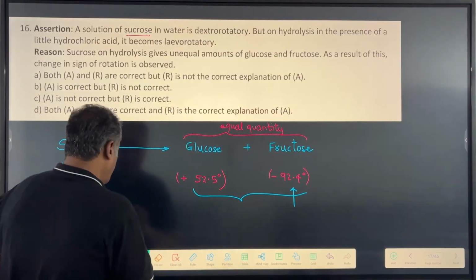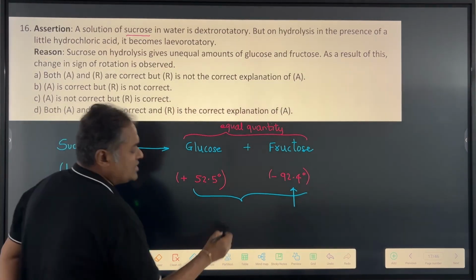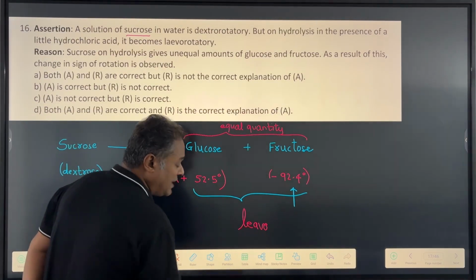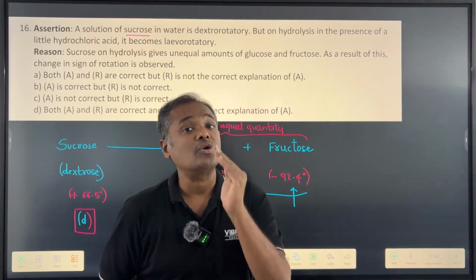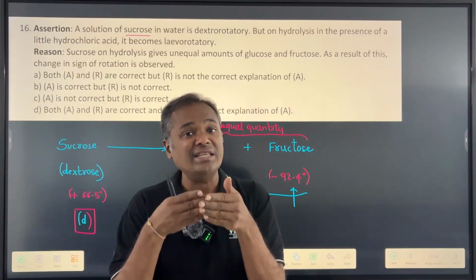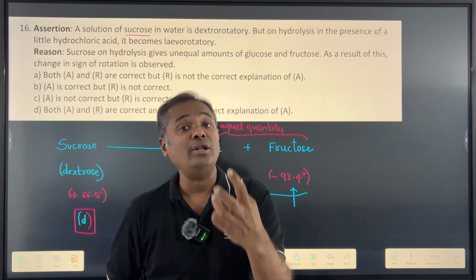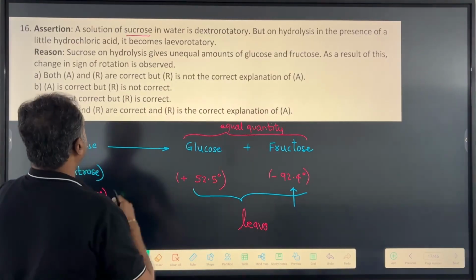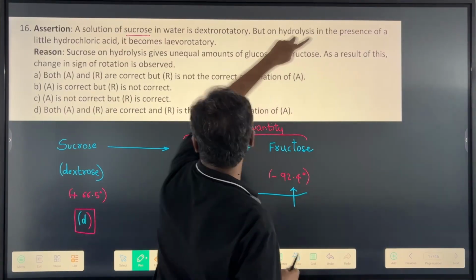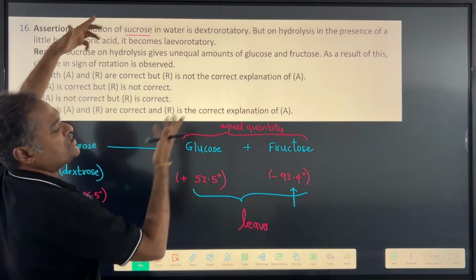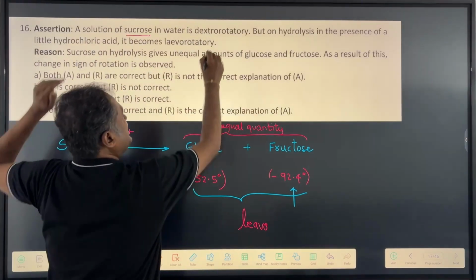That means initially the substance is dextro, when it is sucrose, and after hydrolysis it becomes levo. So sucrose after getting hydrolyzed changes its optical rotation, hence we call sucrose invert sugar, or we call this process inversion. Now the statement says a solution of sucrose in water is dextro, but on hydrolysis in the presence of a little amount of HCl, obviously for hydrolysis you require some acid, it becomes levo. Yes, the statement is correct.